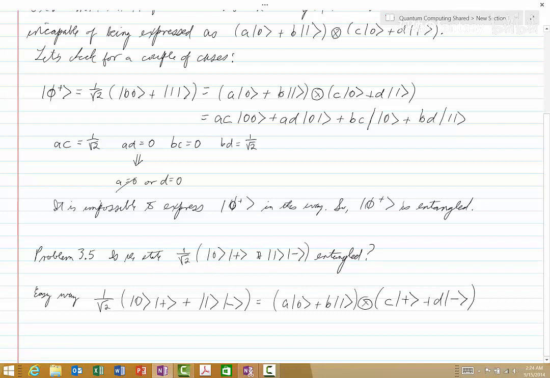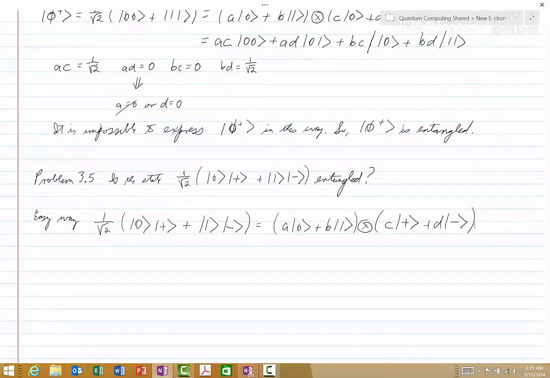The first qubit is expressed in |0>, |1>, and the second qubit is expressed in terms of plus minus. So I think that this will be the best way to do it, but I'll also show you how it would go if we went with our first attempt, just to show you that either way we come to the same conclusion. So let's see what happens here.